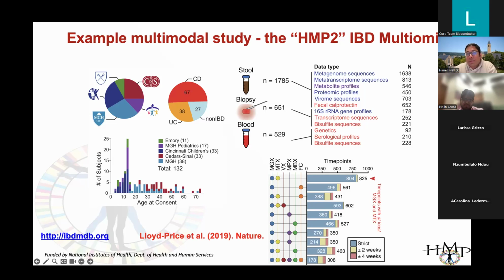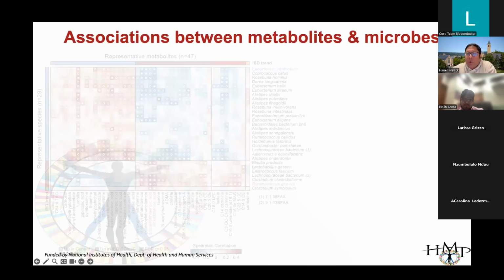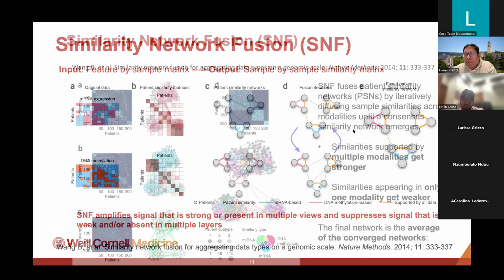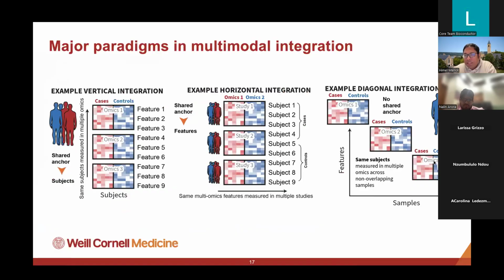In some cases, it was only cross-sectional, so it was only collected at one time point. That would also be an example of diagonal integration. So remember the mismatch we were talking about: this could be your longitudinal omics, this could be your cross-sectional, and this could be another longitudinal where the times are not exactly matching. It could be week 1, week 10, and so on, and it could be week 2 and week 10.